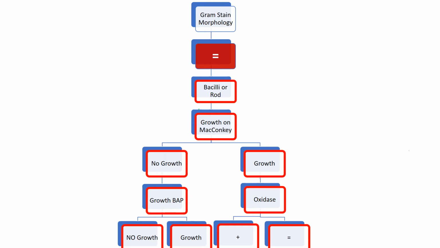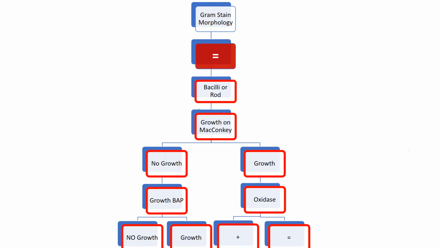You have learned that the positive oxidase test produces what color? Pink to purple to dark purple, almost black. What color is MacConkey? It is pink, and the colonies will produce pink colonies, and you know what I'm saying here? You'll have a false reading of your oxidase test.